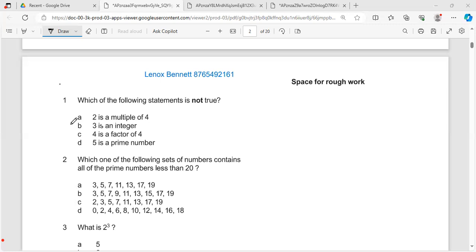It said not. But think about it. Is 2 a multiple of 4? No, sir. It's a factor. So that means not true would be A. You see how they structure the question, guys? That's why I always allow my students to do this, because you have to read, interpret, and then answer.